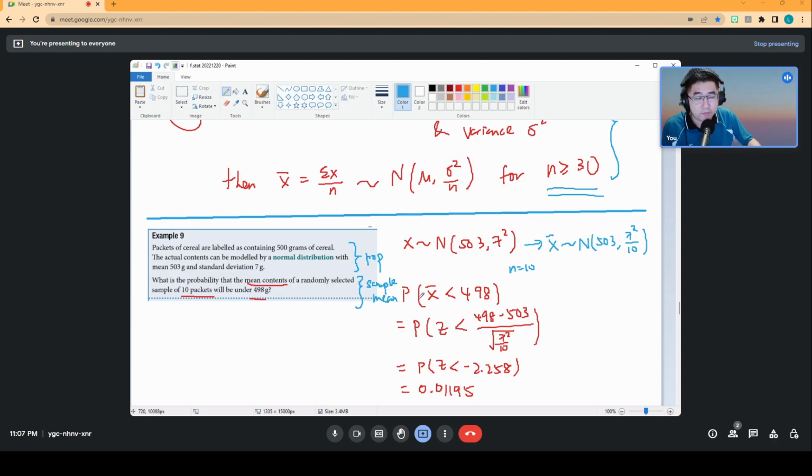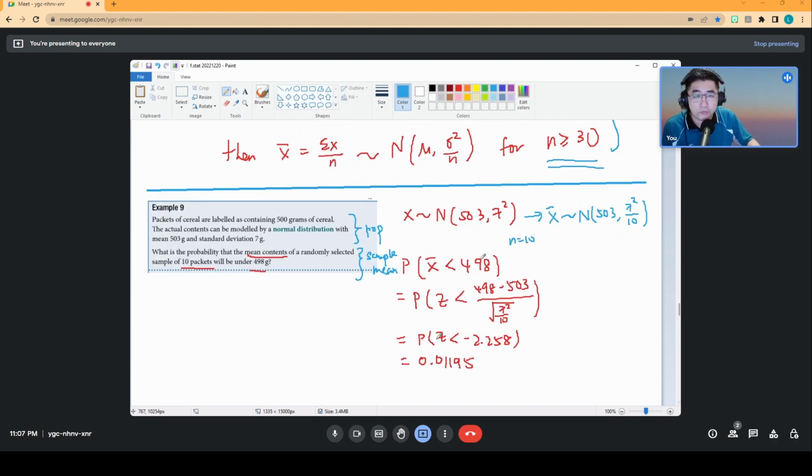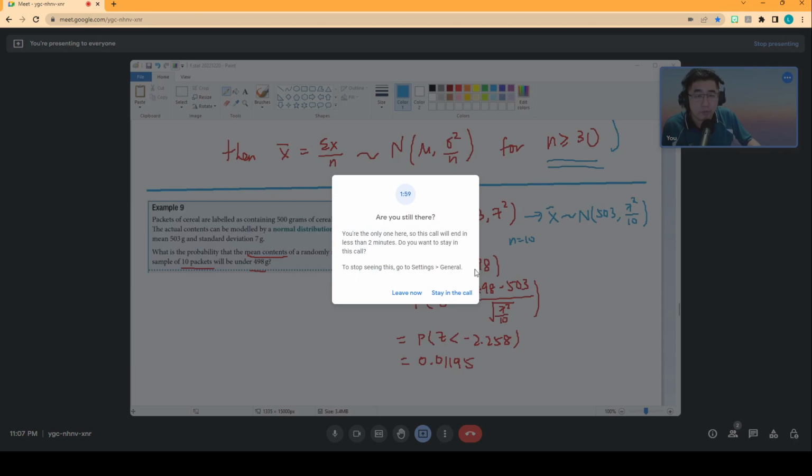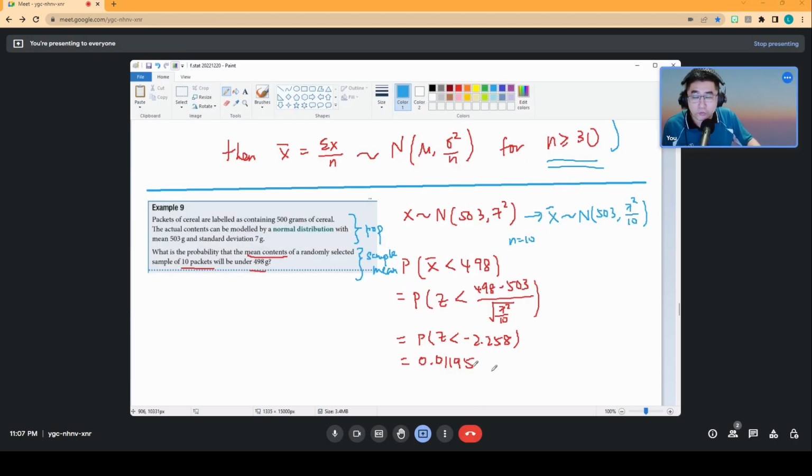So during the exam, don't make such mistakes. If you didn't divide by 10, it will give totally different values. So it is important that you understand what the question is actually talking about. Okay, let's look at another example.